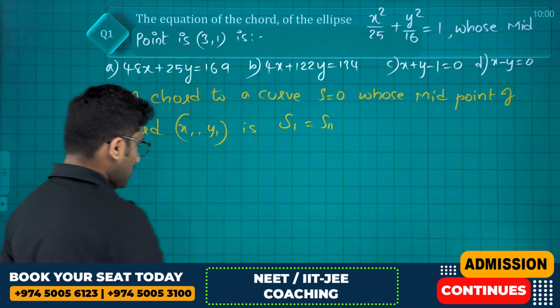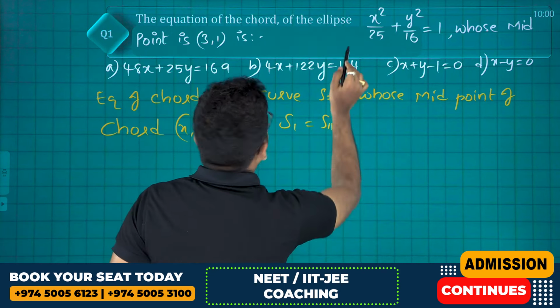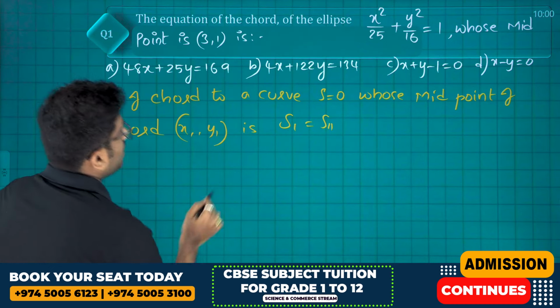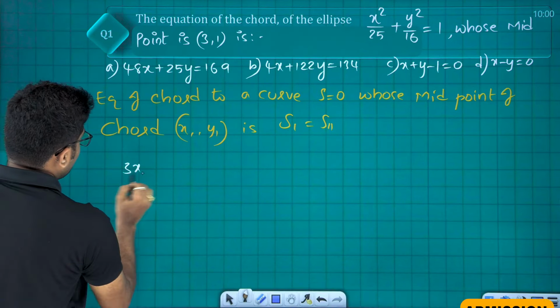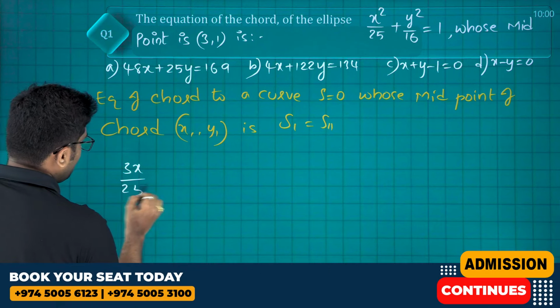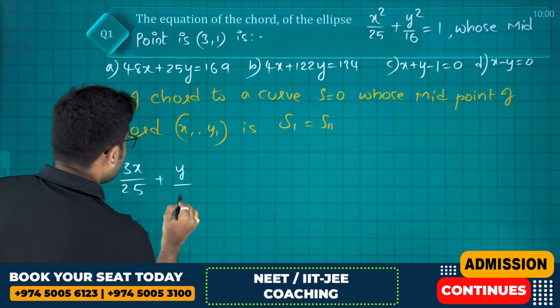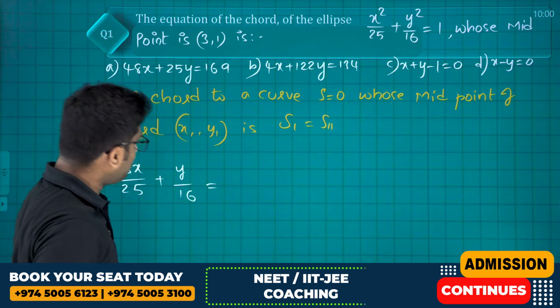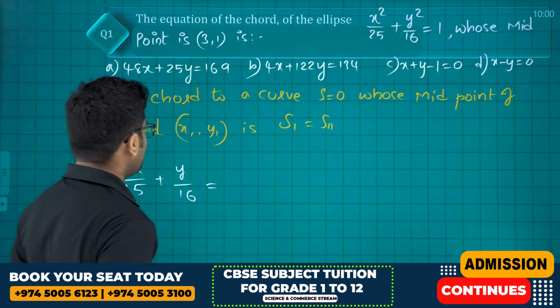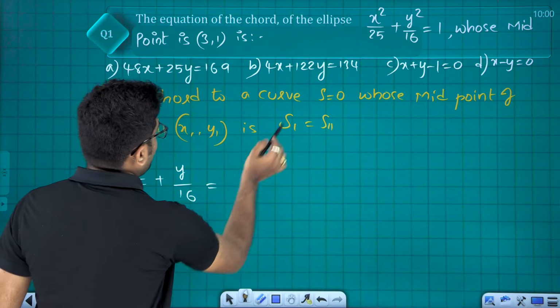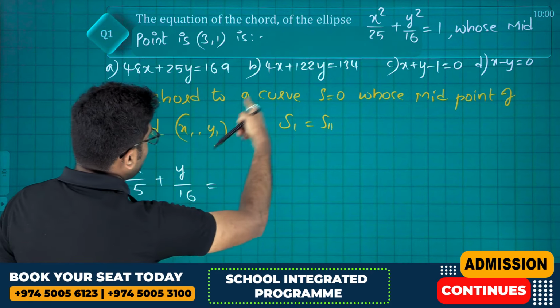That's it. Now what is your point? It is 3, 1. So that is S1: 3x divided by 25 plus y divided by 16 is equal to S11, minus 1 anyhow, but minus 1 gets cancelled. S11 means substituting the point completely.